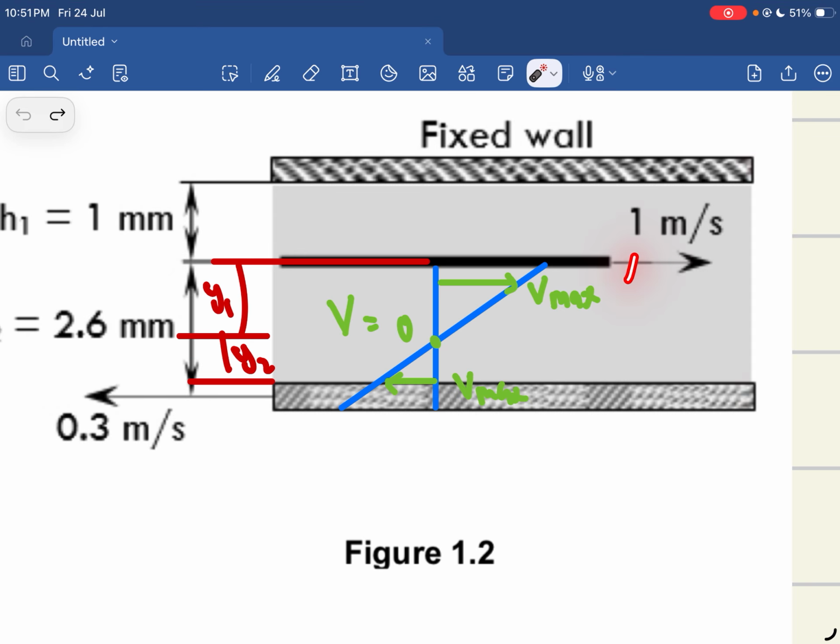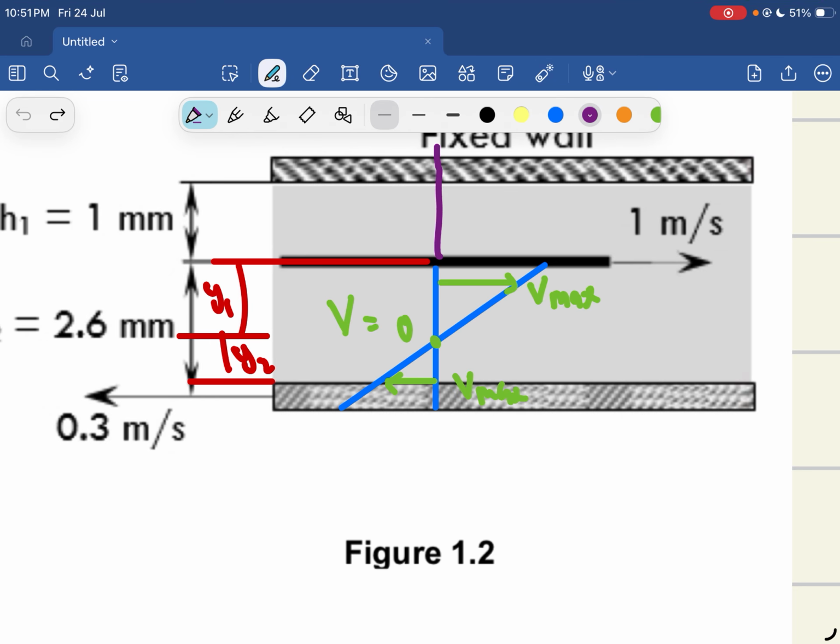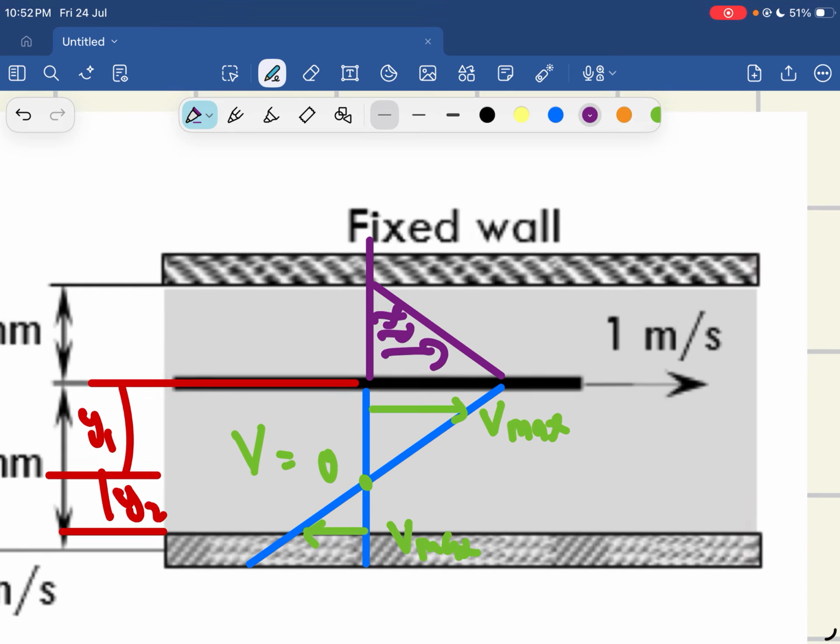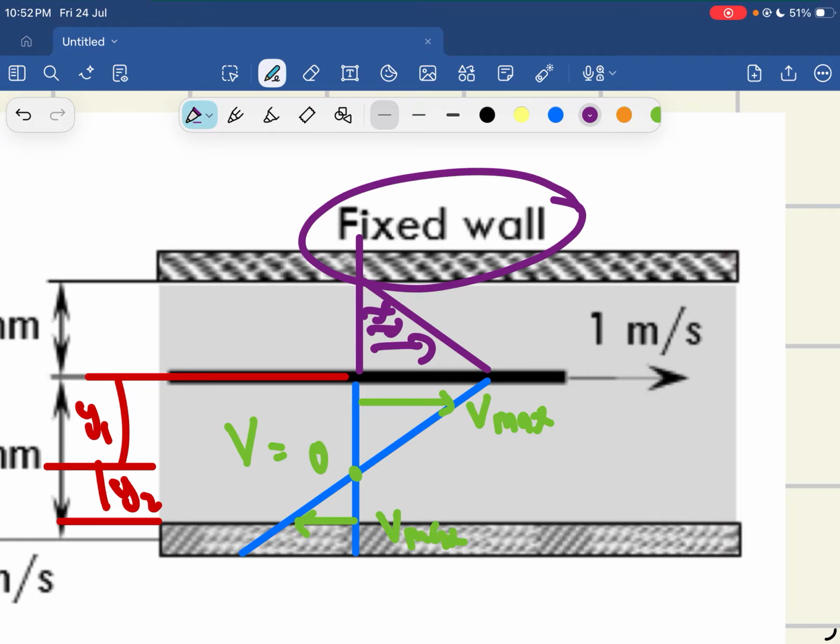So this is the velocity profile for this problem at the bottom region. As for the upper region, it will be like this. You have a velocity that goes down as it goes to the fixed wall.